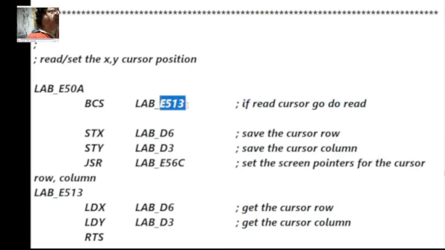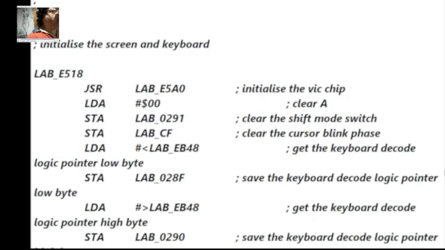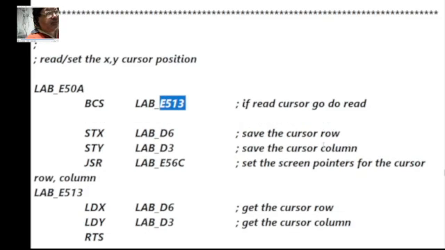This is the loop where it would go to, which we won't go to. Let's go back to here. First we are going to store the cursor row position. Okay, second file.